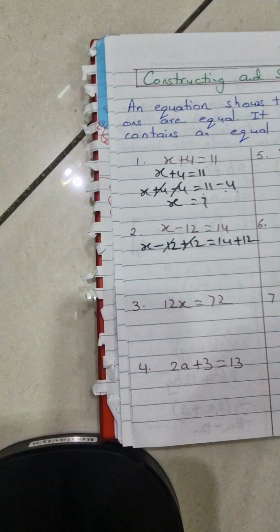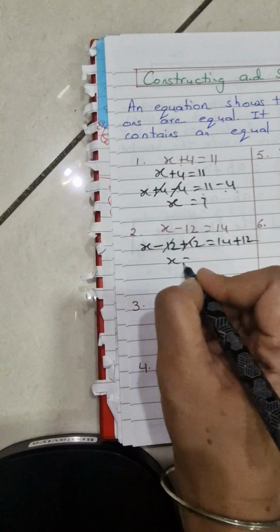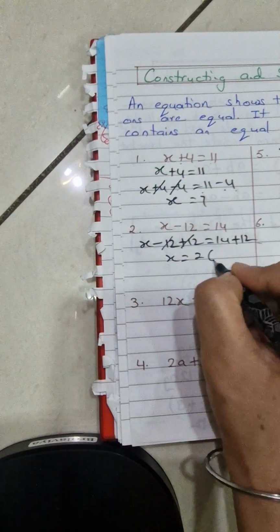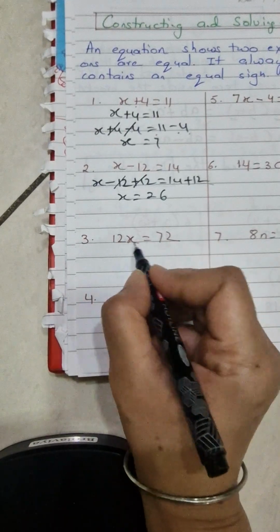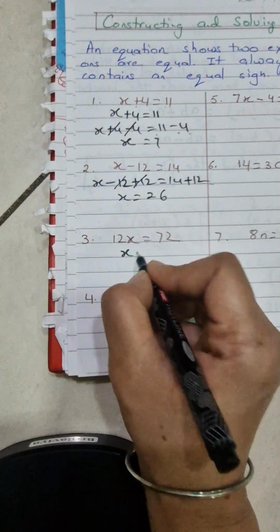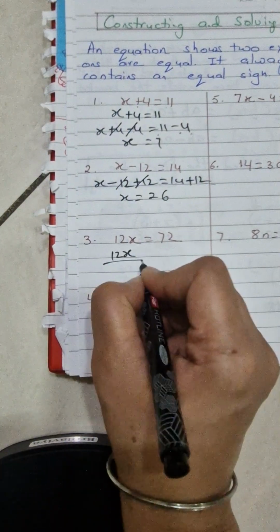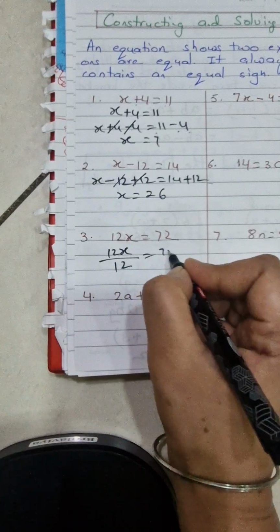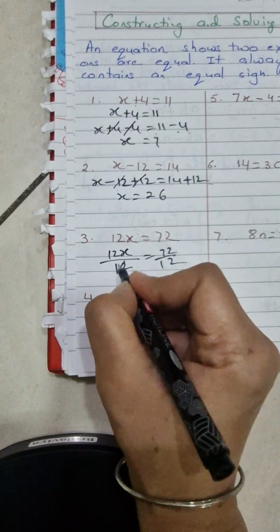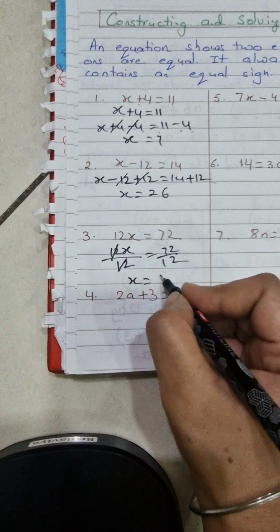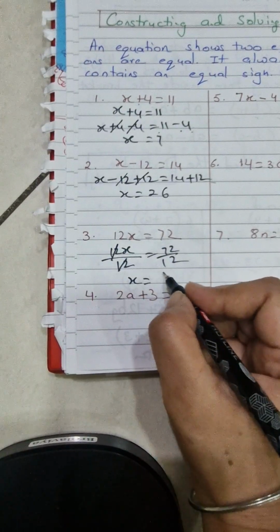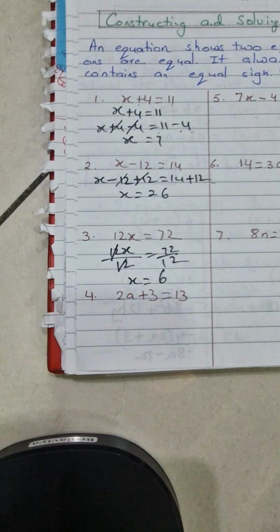Negative 12 and positive 12 become 0, and you simply add the other side, which becomes 72. Now here it is in multiplication position, so you will divide both sides by 12. So this 12 and this 12 will go off, so your final answer is, how many times does 12 go into 72? 6 times. So x equals 6.